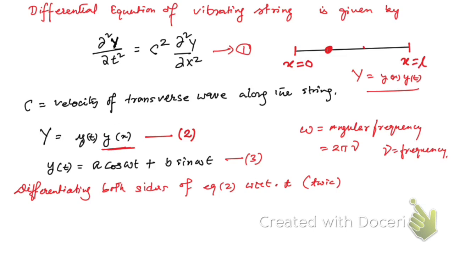As we are differentiating twice, we write the second order derivative with respect to t of capital Y. That is going to be equal to small y of x taken as constant, times the second order derivative of small y of t with respect to time t.